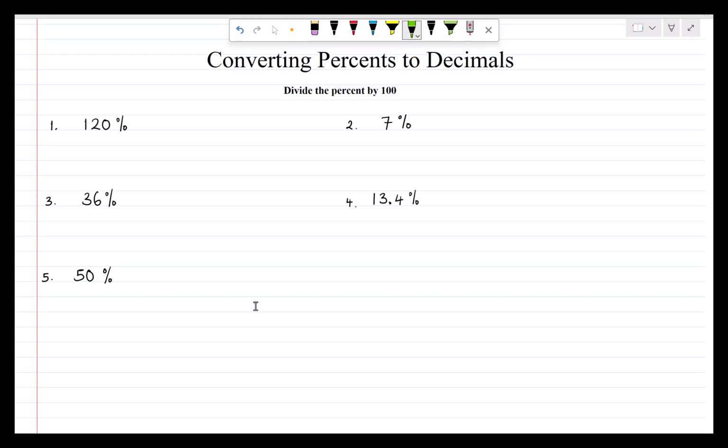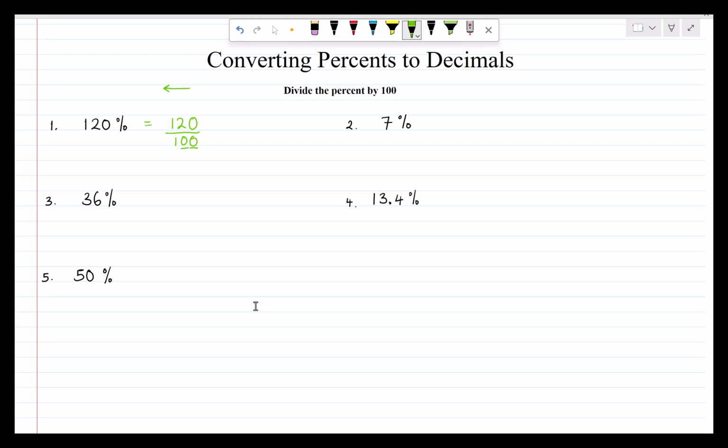Example number 1, we have 120%, which we can rewrite as 120 over 100. When we are dividing, we move a decimal place to the left-hand side by the number of digits that we are moving, that is by 2 in this case, because we have 2 zeros.